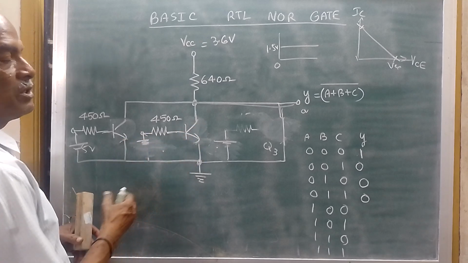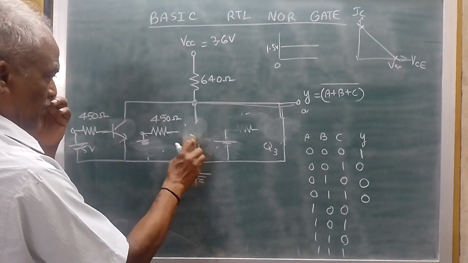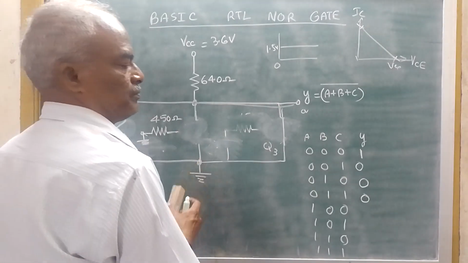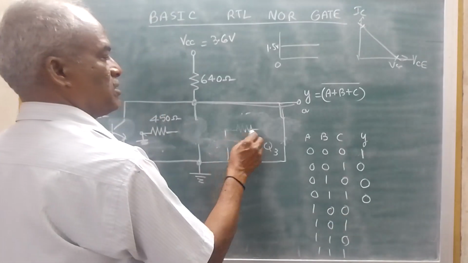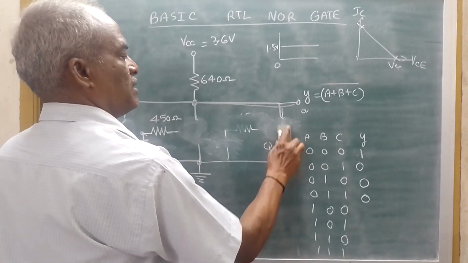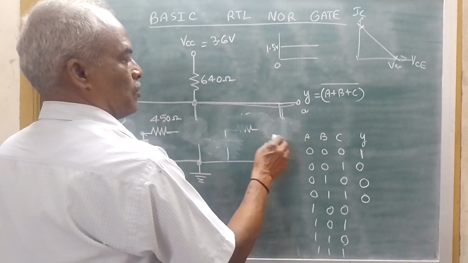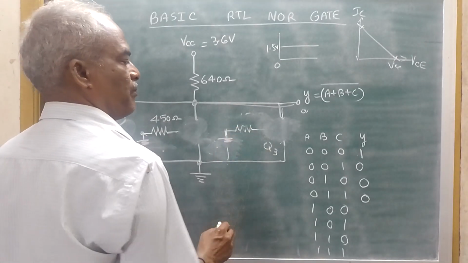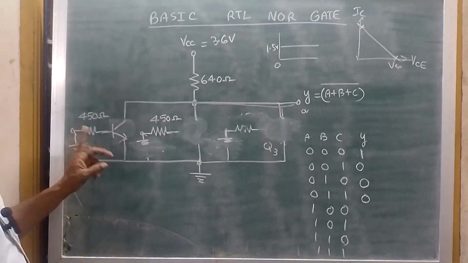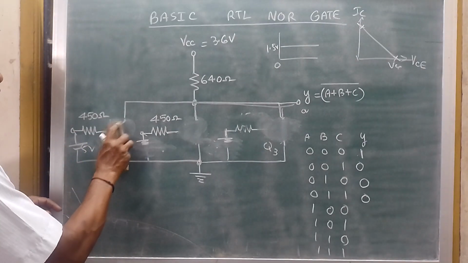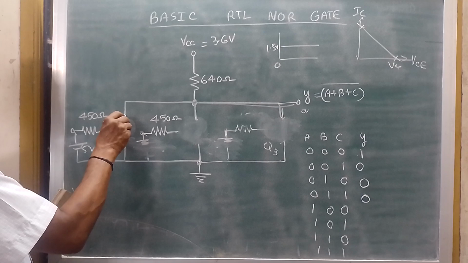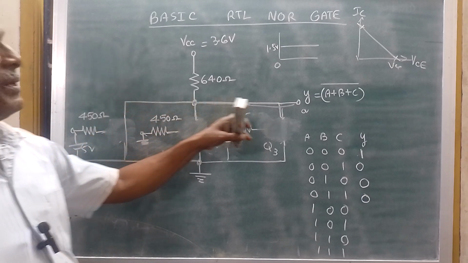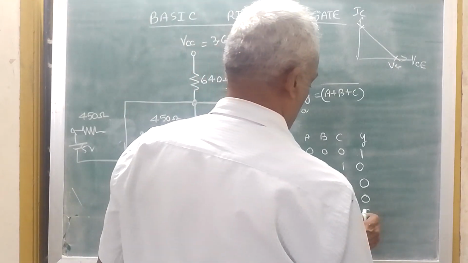So this will not go into conduction. Therefore, it can be treated as an open circuit. Here also 0. So this is also open circuit. The transistor is not on. So this point is grounded. But this transistor goes into conduction. Therefore, this can be viewed as collector to emitter a short circuit. So therefore, this 0 will appear here. So this is also 0.